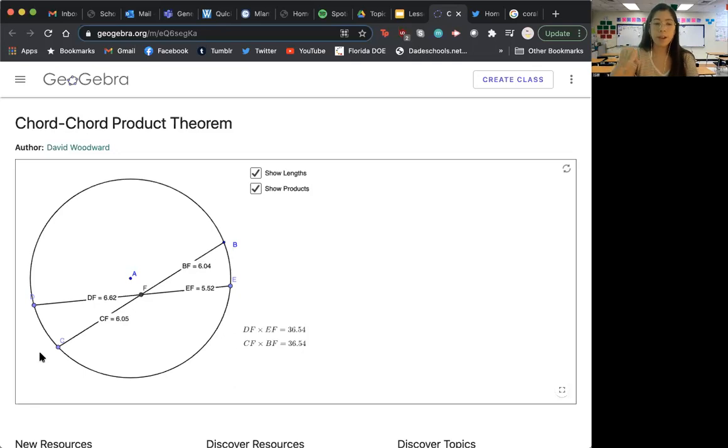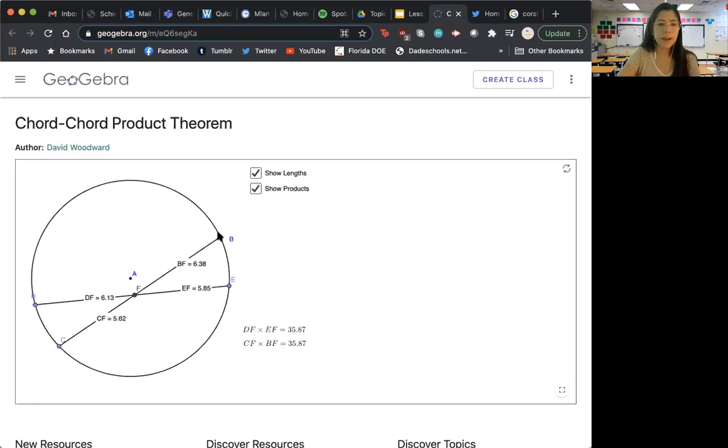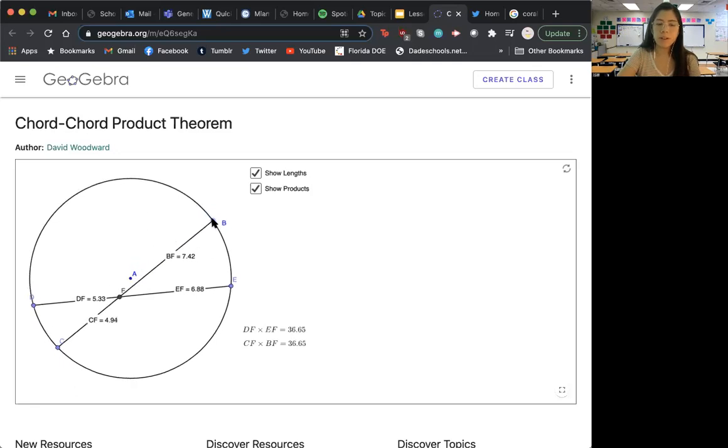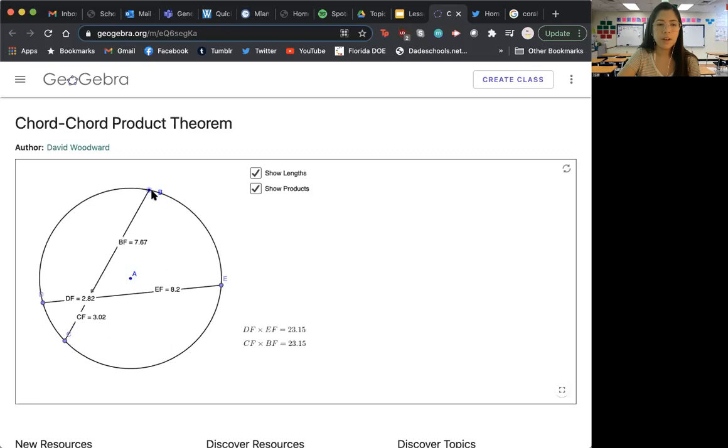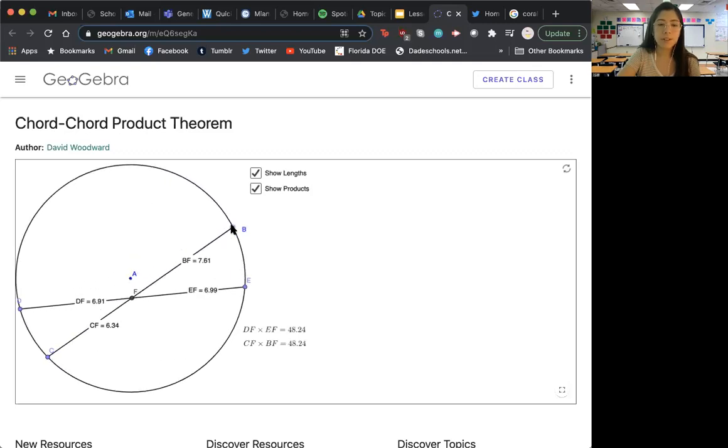It does not pass through the center. If it's going to pass through the center, what would that be called? A diameter, good. So a diameter is a special type of chord, but most chords are not going to pass through the center. They can be pretty much anywhere else on the circle, but typically they don't pass through the center because then I would just call it a diameter.